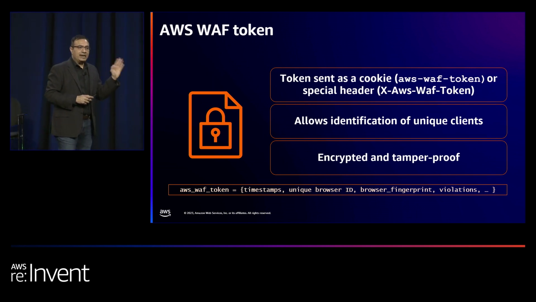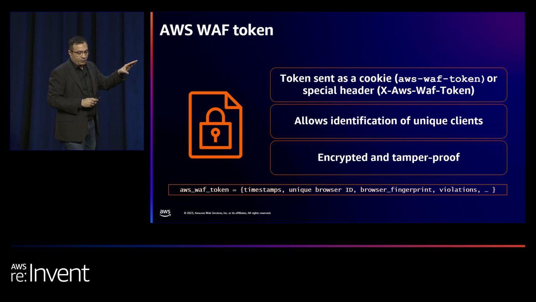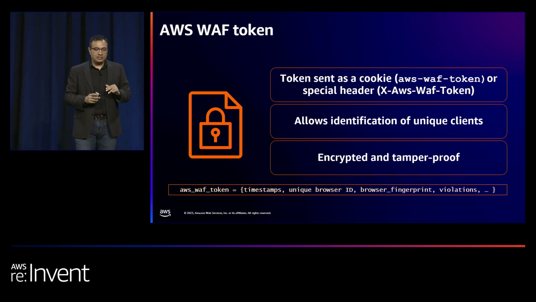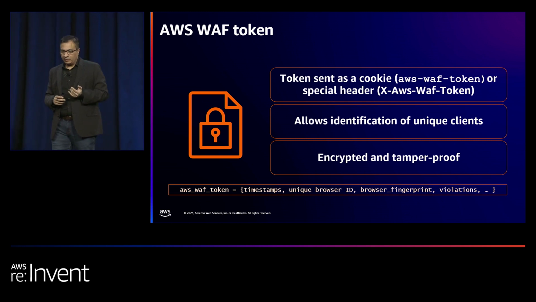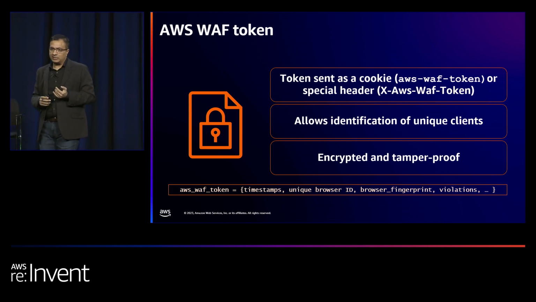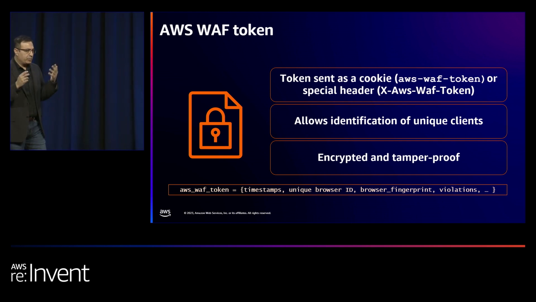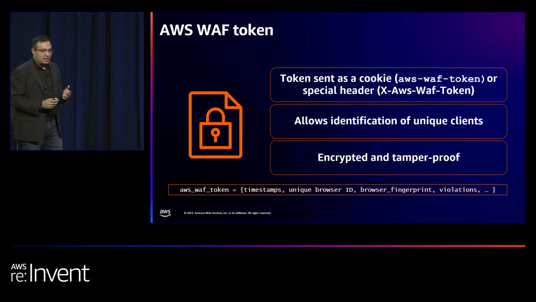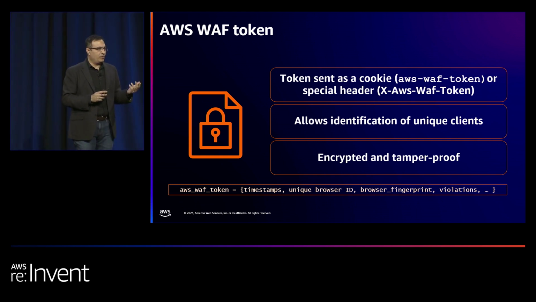As part of running the script on the client side, we also collect a number of attributes. We collect details from the browser or the client, such as their GPU capabilities, canvas fingerprints, browser plugins, screen sizes. Are there any inconsistencies in there? Timestamps on when the challenge was solved.